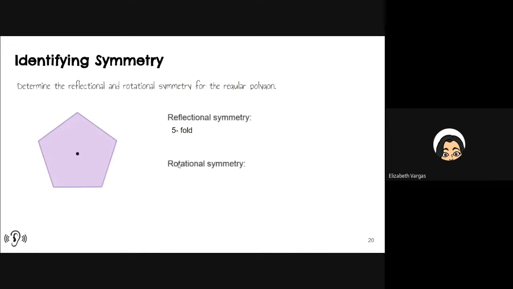How about rotational symmetry? We know that for a regular polygon, rotational symmetry is equal to the number of sides. So what is the number of rotational symmetry? One person in the chat box. We're looking for a number again.